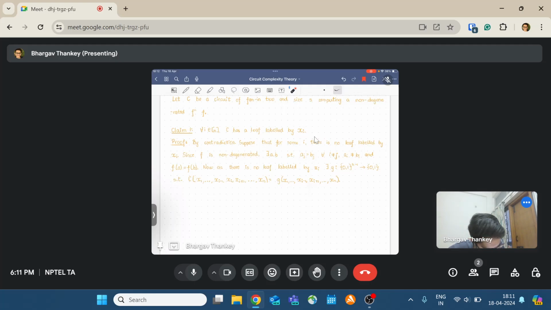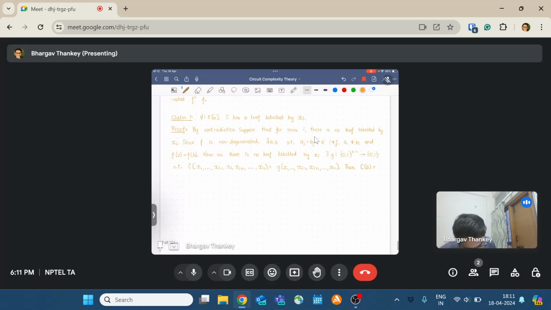So then C of A is equal to g of A1 to A(i-1), A(i+1) to An. But A1 to A(i-1) and A(i+1) to An are the same as B1 to B(i-1), B(i+1) to Bn, right?